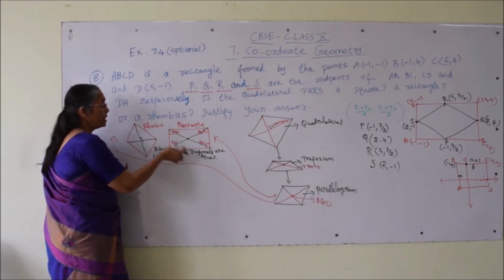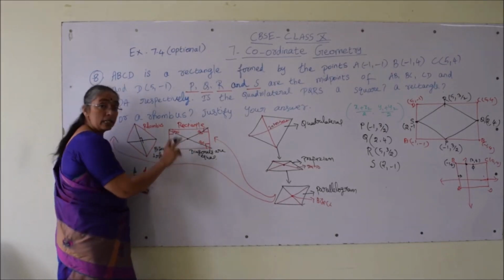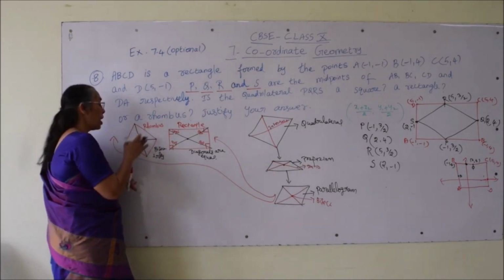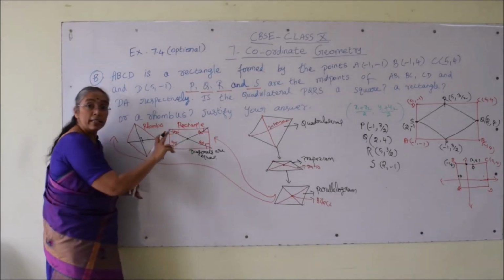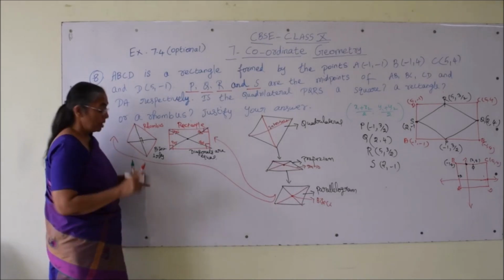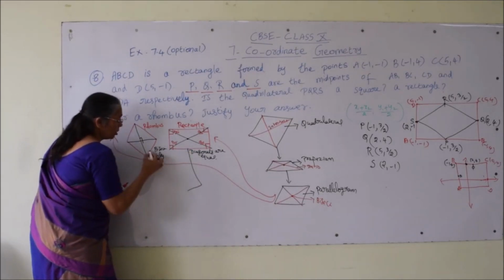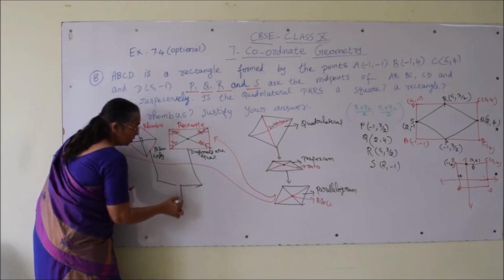So what is the difference between a rectangle and a rhombus? In a rectangle, diagonals are equal and they bisect. In a rhombus, they bisect perpendicularly. In a rectangle, they will not be perpendicular. In a rhombus, they are not equal. Now, this rectangle or rhombus will change into a square. How?